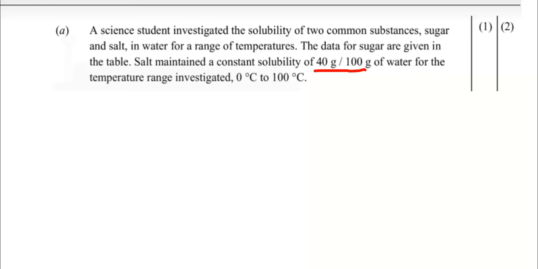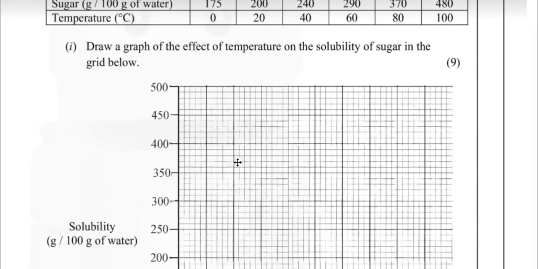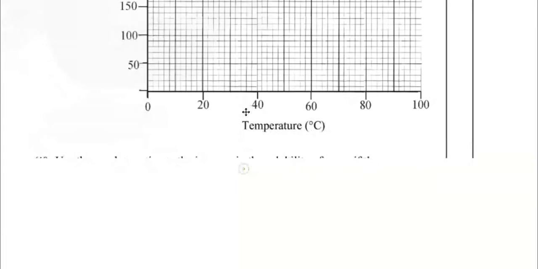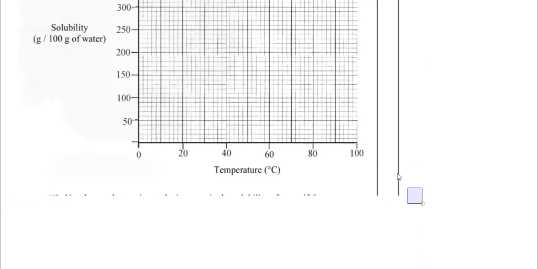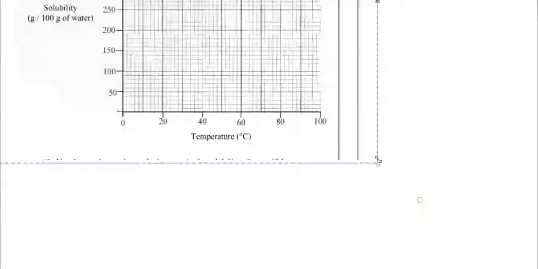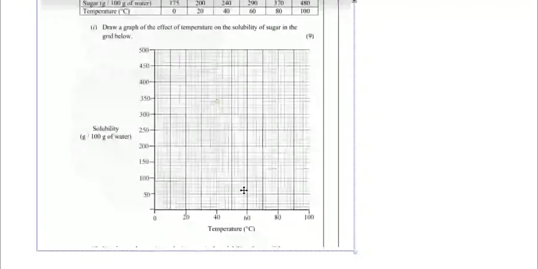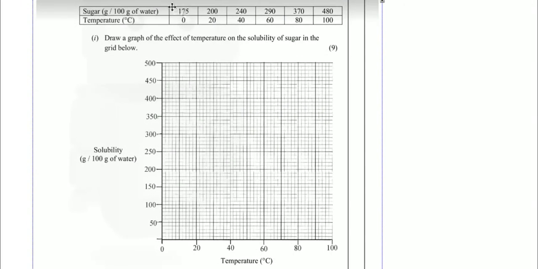Okay, so that's interesting. So what we're going to do is draw a graph of the solubility of sugar in the grid below. So it shouldn't take you too long to get this done. Okay, let's see what we can come up with.